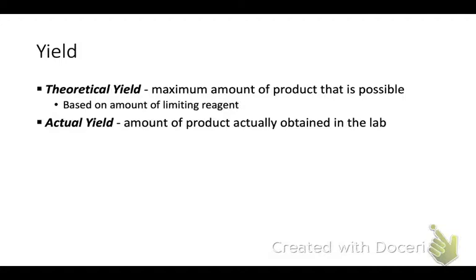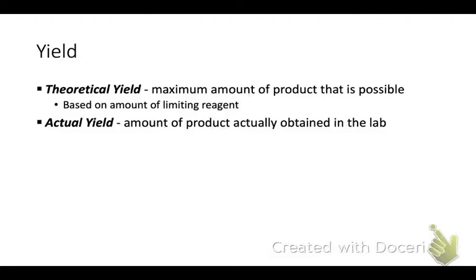However, in life, let's say theoretically you could make 10 grams. You go to the lab, chances are you will never make 10 grams because there is no perfection. Things can go wrong. There are always many sources of errors: human errors, instrumental errors. So what we end up having has to be lower than the max.